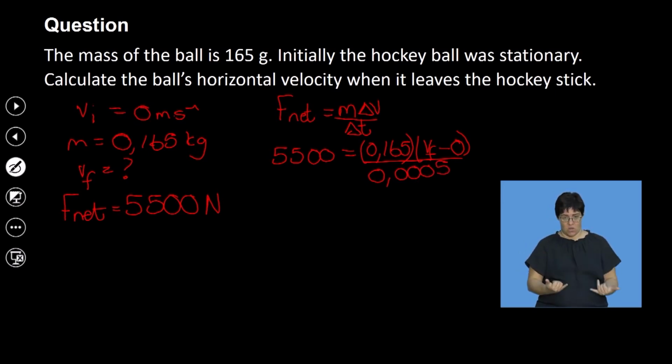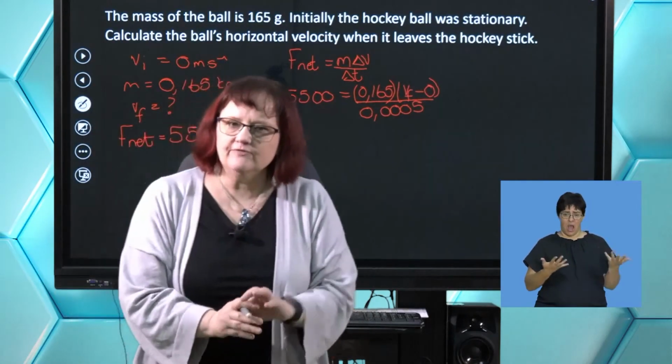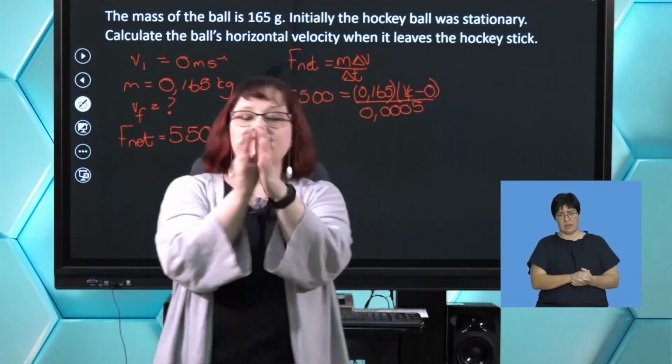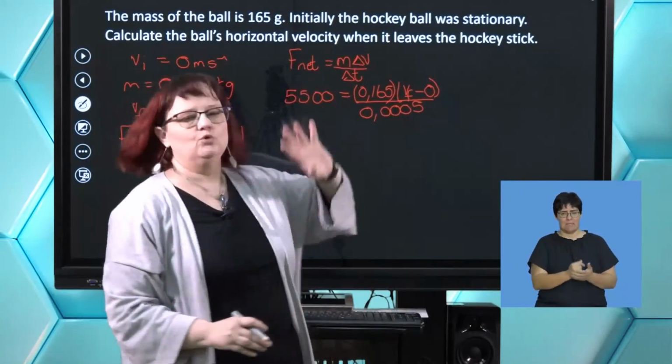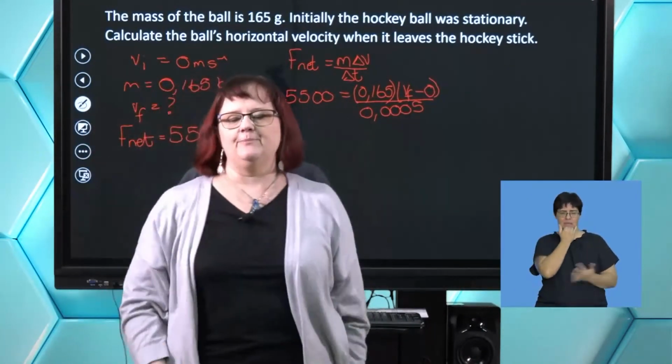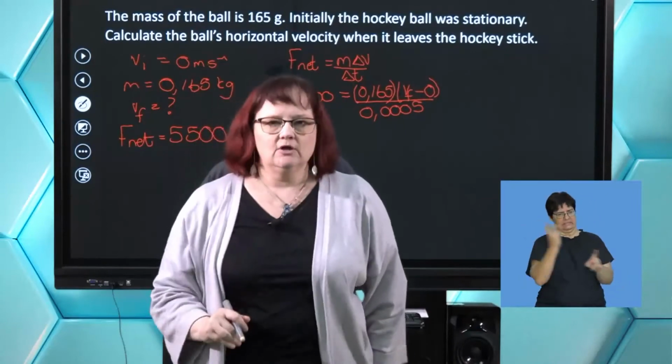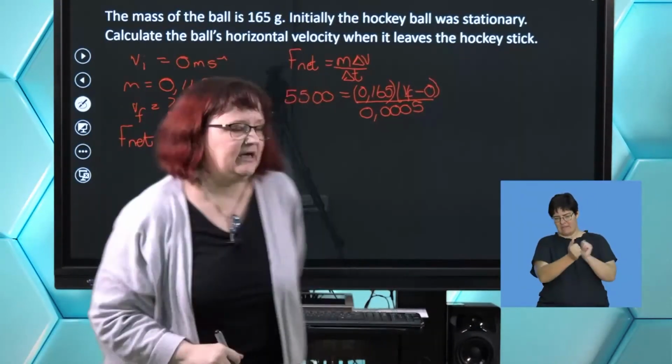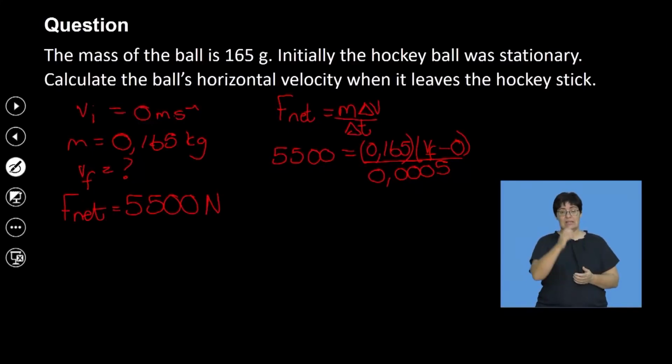Now we have a maths issue. Okay? How you solve this is up to you. I fully understand that there are some of you who can put this straight in your calculator, you're all happy. Some of you, not so much. It's okay. Let's do all the maths. So first thing I'm going to do is I'm going to take the 0,005 over. And I only like to do the calculation at the end.